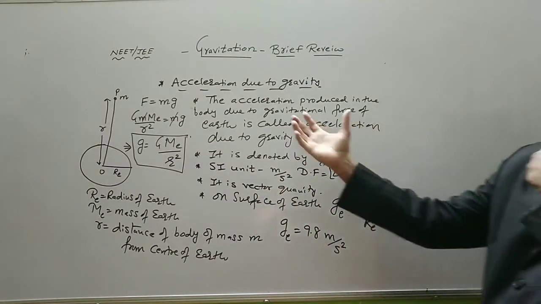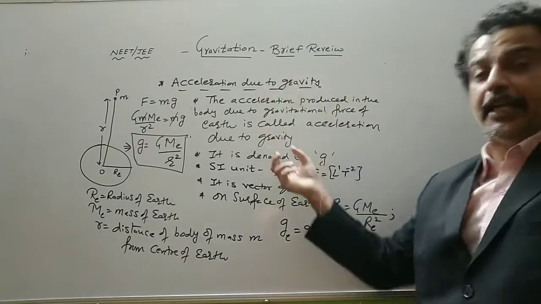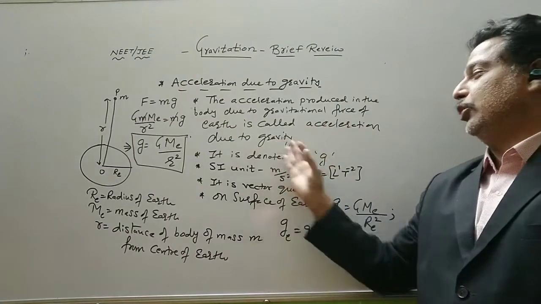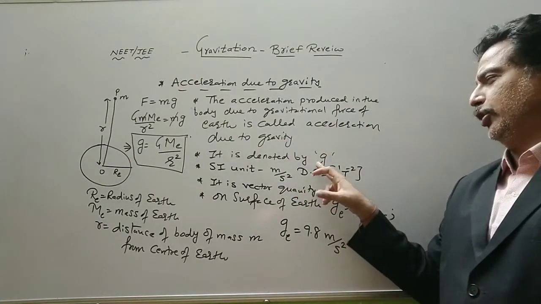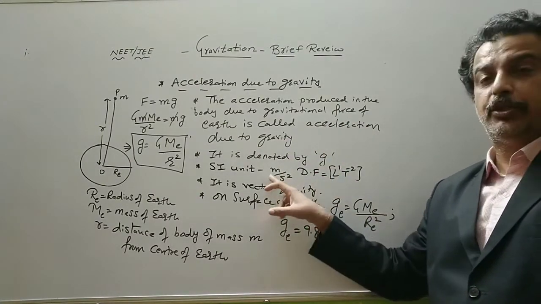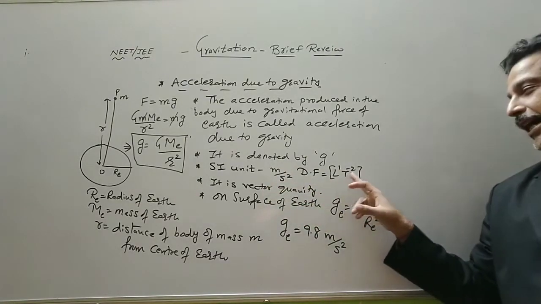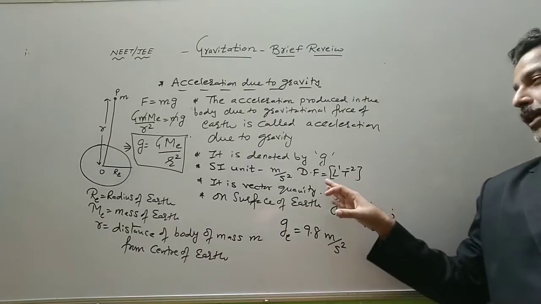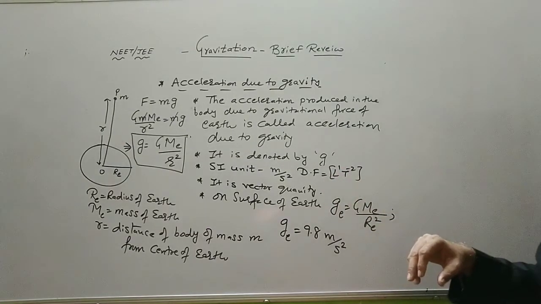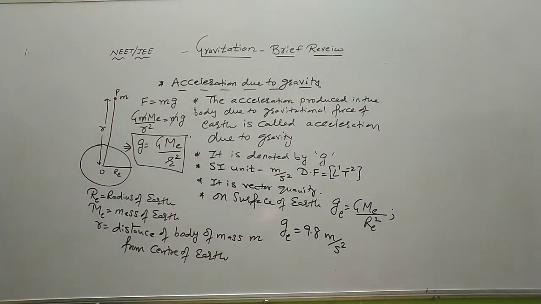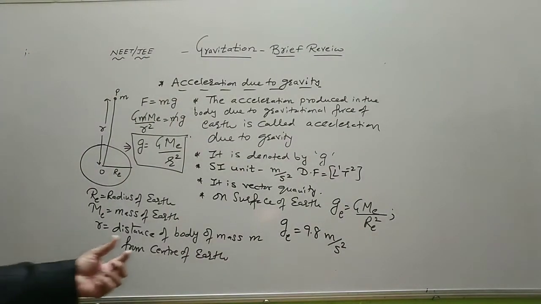So the acceleration produced in the body when it is attracted towards the center of the earth is called the acceleration due to gravity, generally denoted by small g. The SI unit, because it is an acceleration, is meter per second square, and the dimensional formula is L1 T minus 2. Again, it is a vector quantity because it is an acceleration, so it has magnitude as well as direction.